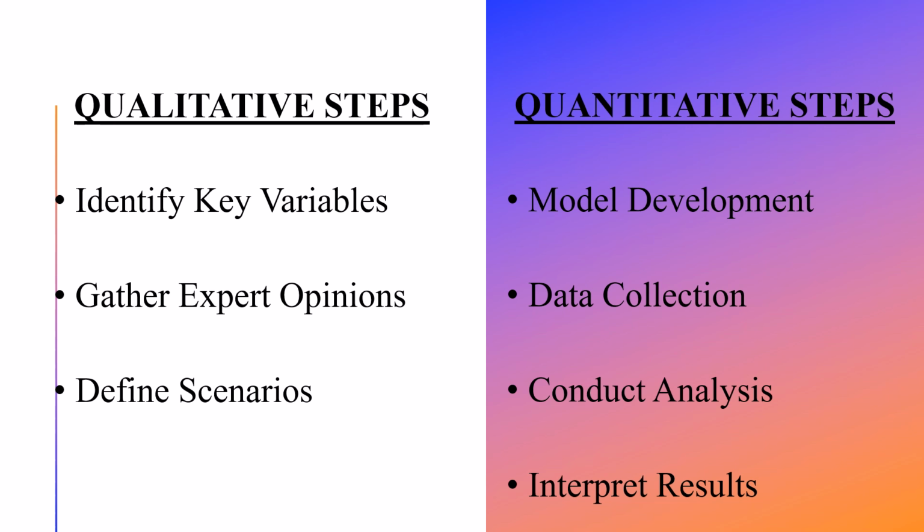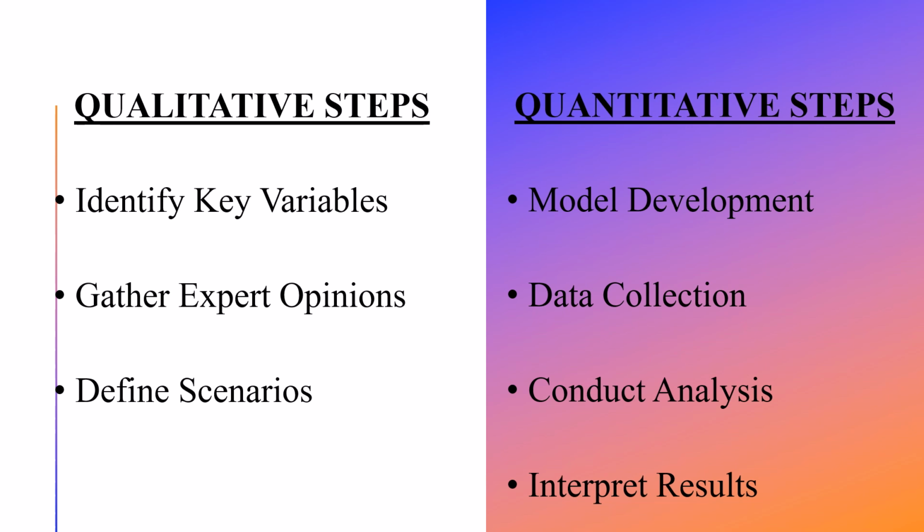Second, you gather expert opinions by consulting with experts or stakeholders to gain insights into the potential range and impact of those variables. And then third, you define scenarios. Create various scenarios that reflect different situations based on the variability of your inputs.